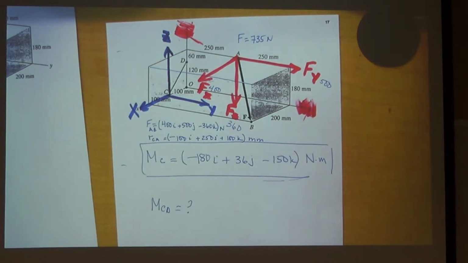Okay, so let's think of it in terms of forces. We know what the force is about C, and we're trying to find the force along line CD. How would we do that in terms of forces? We know the force that's going in the C direction. How would we find the force that's going along line CD?